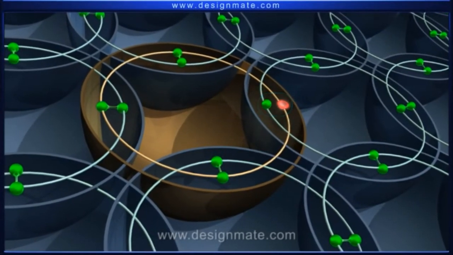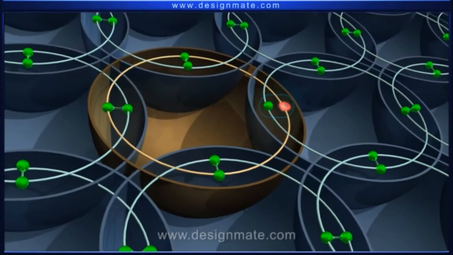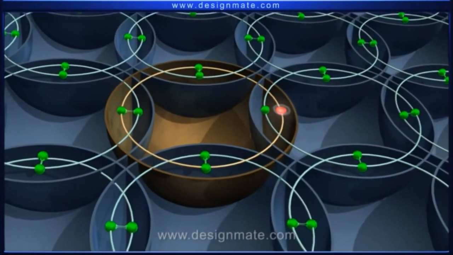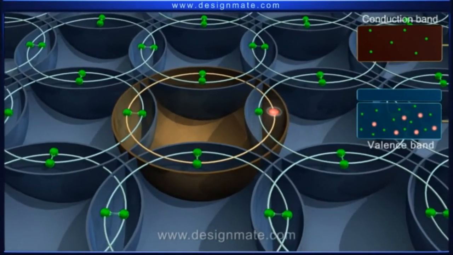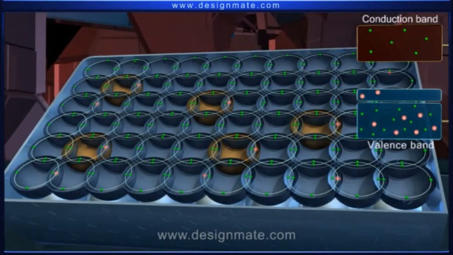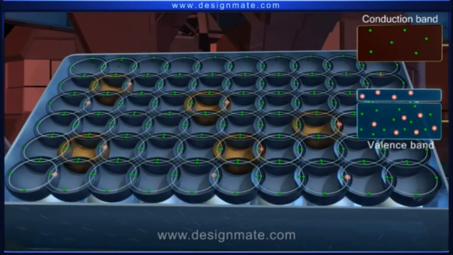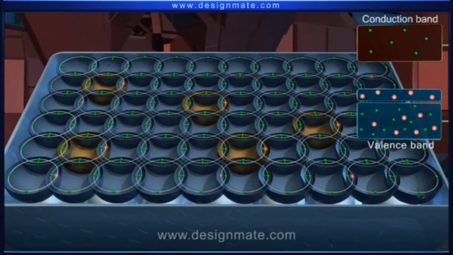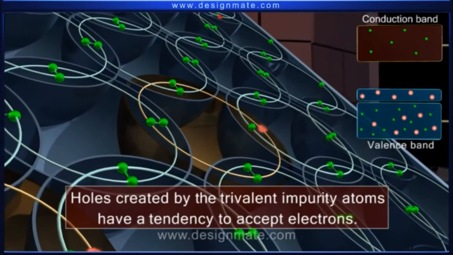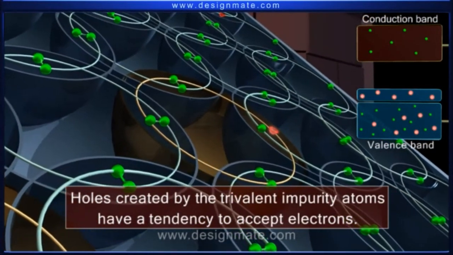The fourth covalent bond is incomplete due to the deficiency of an electron, which gives rise to a hole in the impurity atom. As each impurity atom added contributes a hole, there is a remarkable increase in the number of holes. The holes created by the trivalent impurity atoms have a tendency to accept electrons.